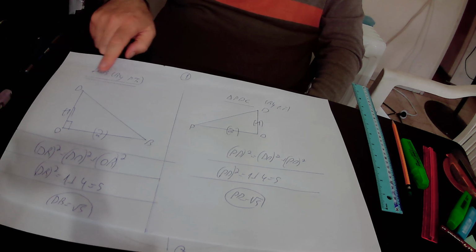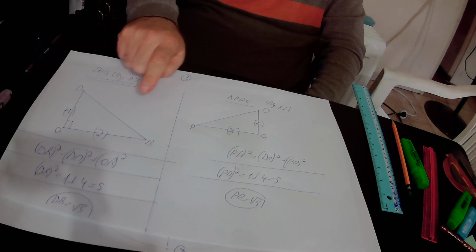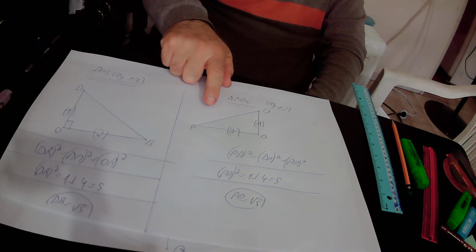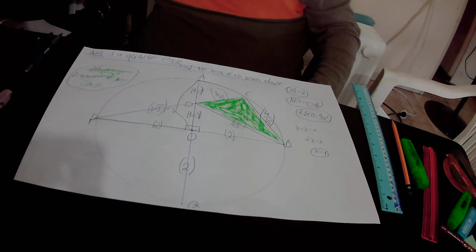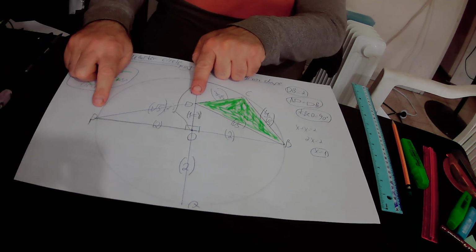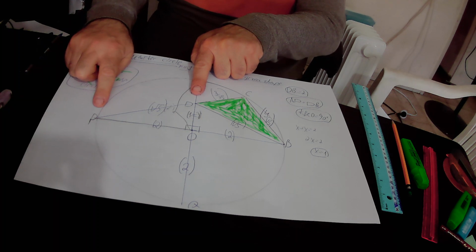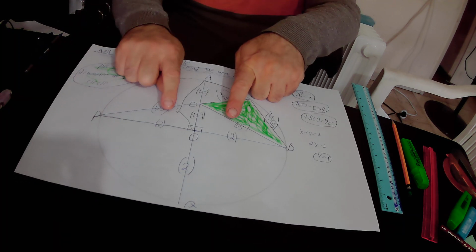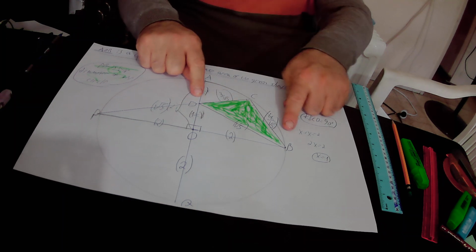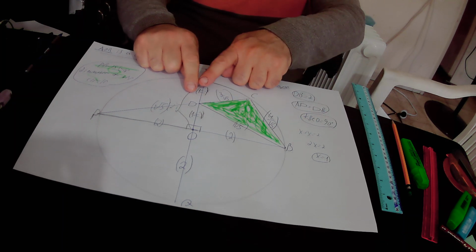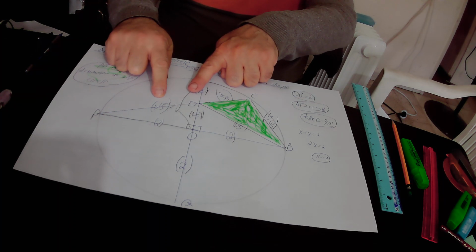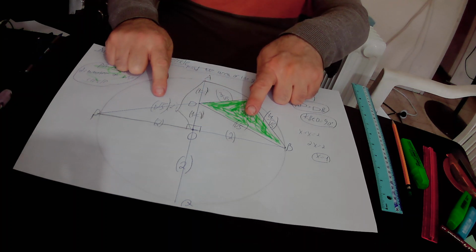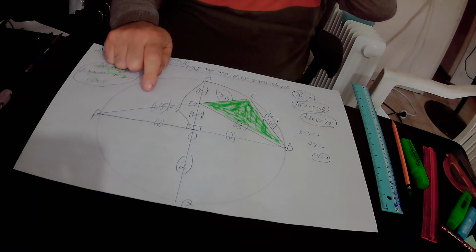And here we found out that DB equals the square root of 5 units in its length, therefore the hypotenuse DP must also be equal to the square root of 5 units in its length, but those two triangles are congruent to each other. Side DB equals the square root of 5 units, therefore side DP must also be equal to the square root of 5 units, because both of them are the hypotenuse of the right triangles and therefore they must be equal to each other.